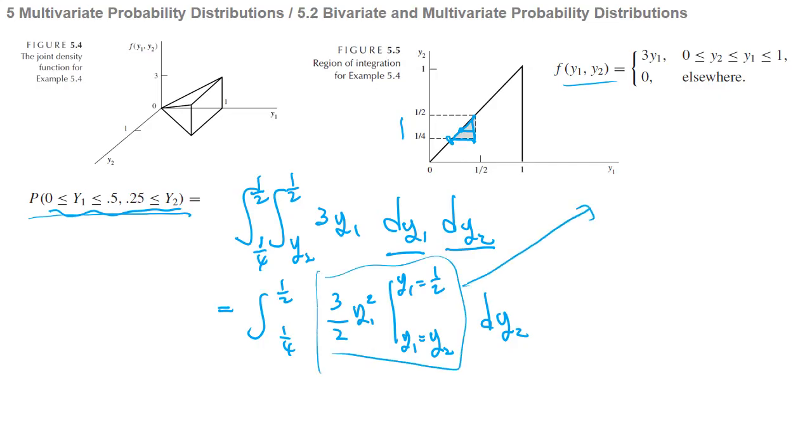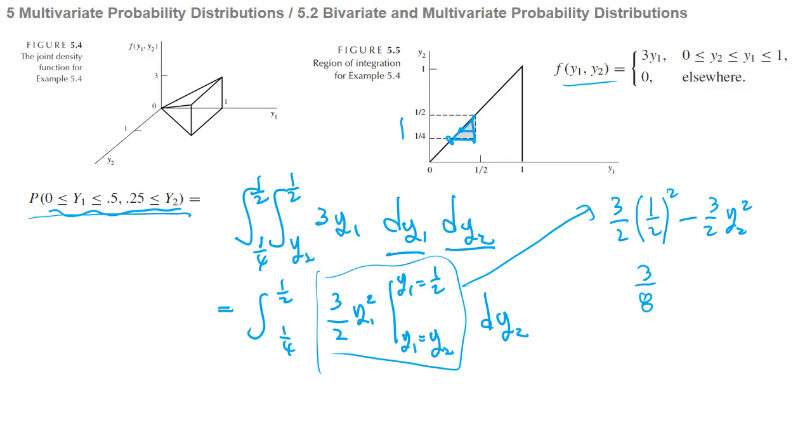And this part is 3 over 2 times 1 over 2 squared, minus 3 over 2 Y2 squared. Okay, and it is 3 over 8.